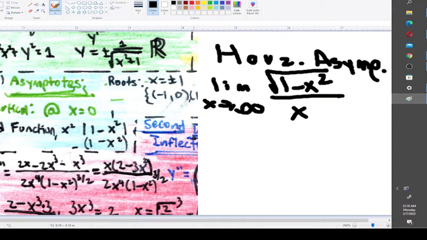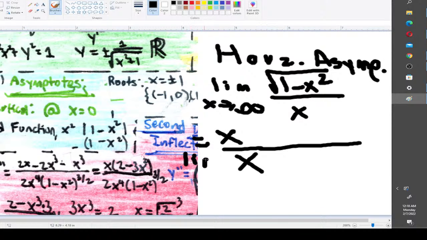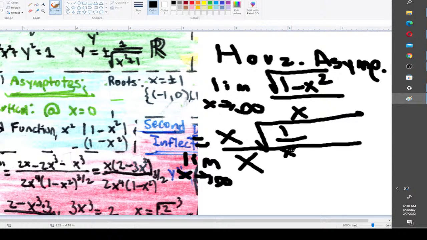We factor out the x's, so we can take out an x from the numerator. That means here we're going to have square root of 1 over x squared minus 1.